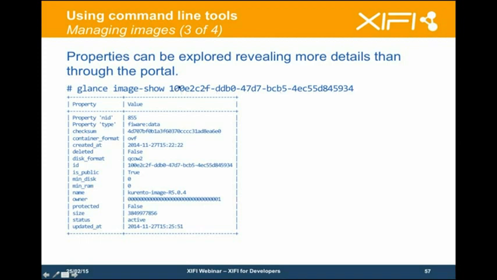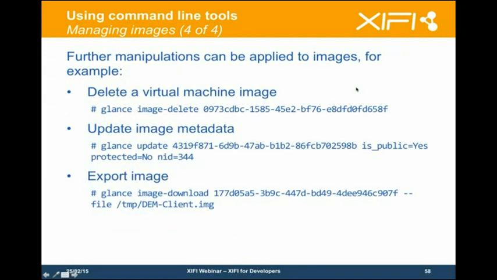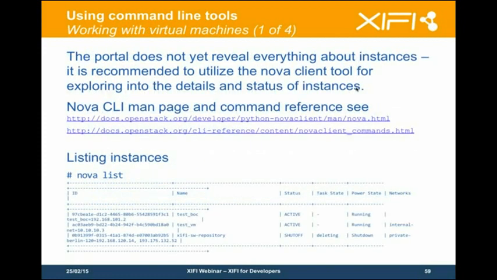This one is required since the naming allows duplicated names. So you should always prefer the UUID in order to identify an image. For those things, deleting a virtual image, updating image metadata, or exporting an image for download, this is the way you are using Glance on the command line.